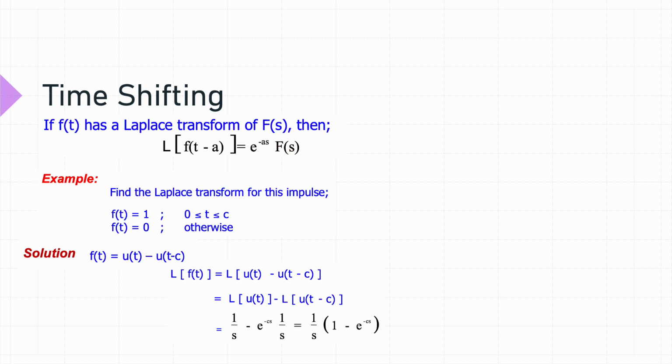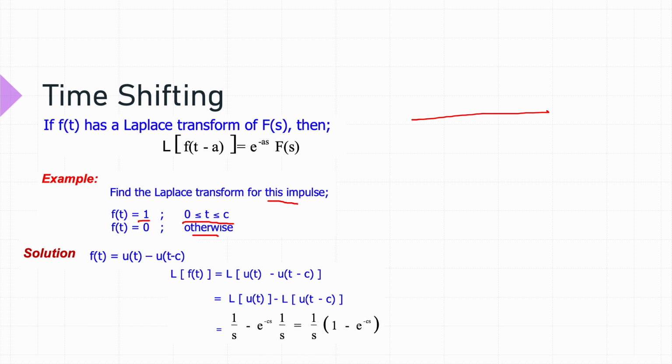Now let's look at the example here. The example says find the Laplace transform for this impulse, given that for the time range from 0 until c, the value is 1, and otherwise it is 0.